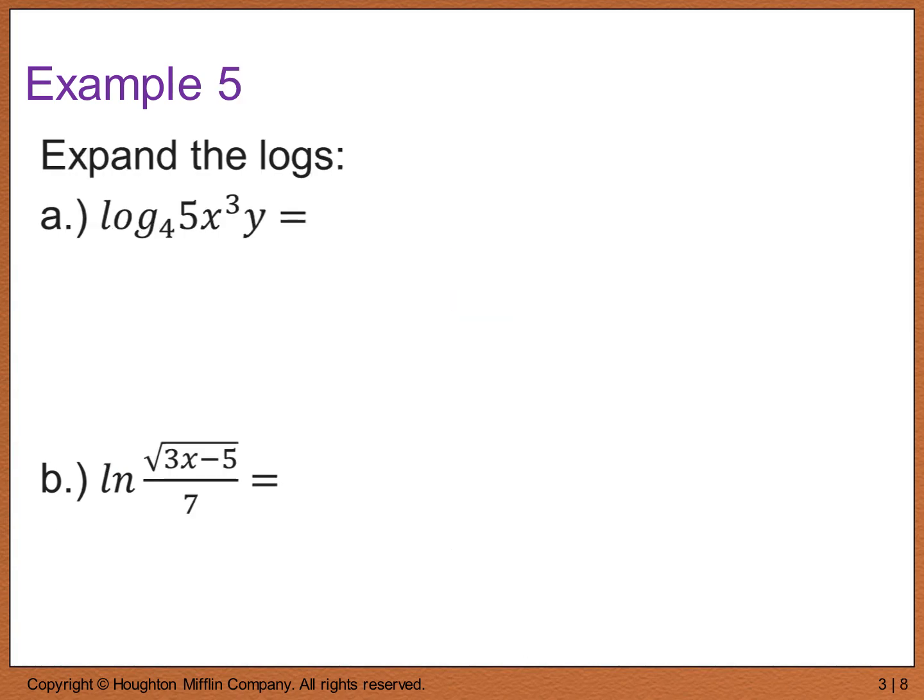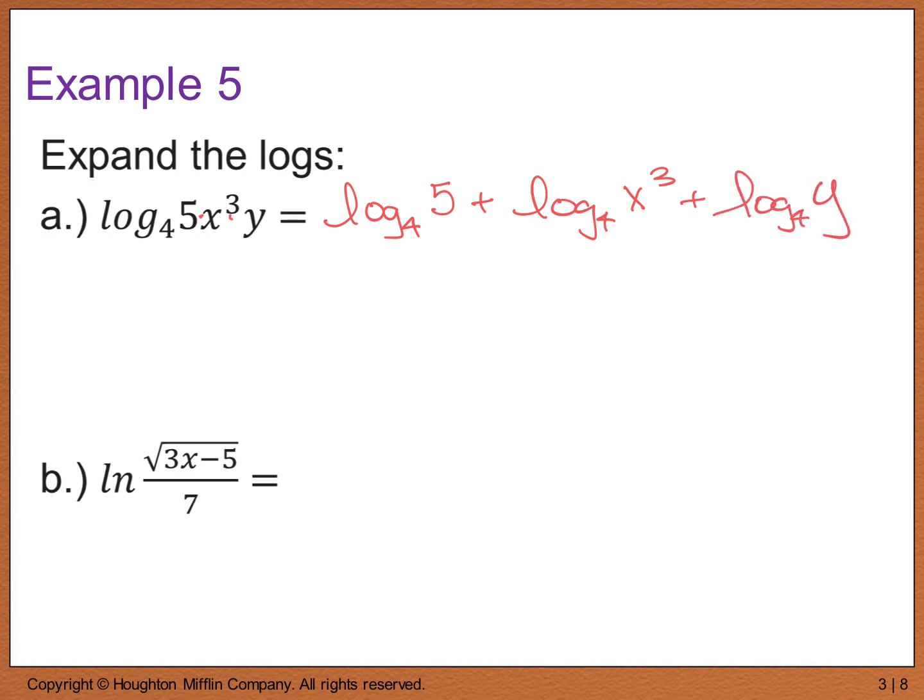For example 5, we're going to expand this log. The first thing I notice is that we are multiplying all 3 of these, so I'm going to start out just by writing log base 4. Multiplication, remember, turns into addition. So log base 4 of 5 plus log base 4 of x cubed plus log base 4 of y.